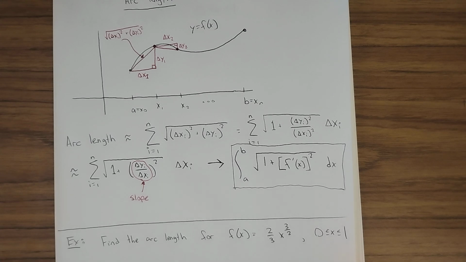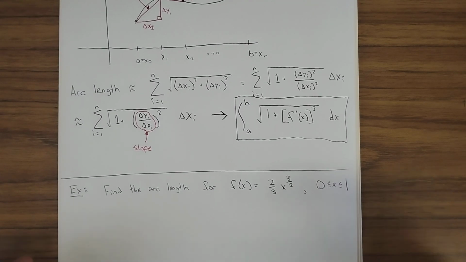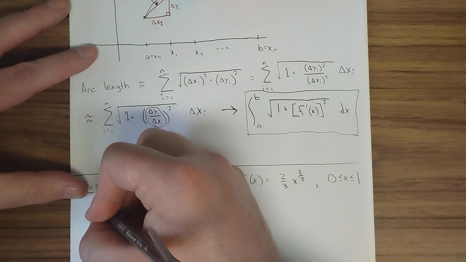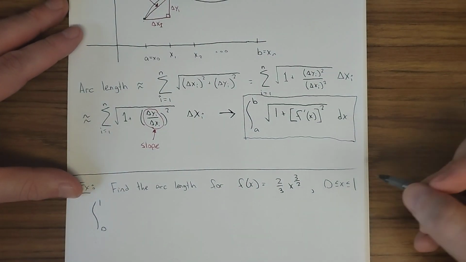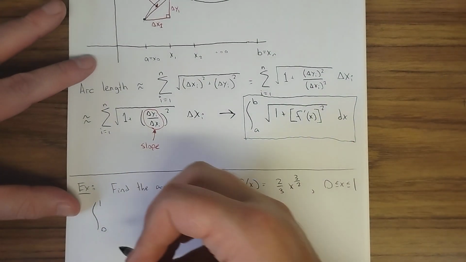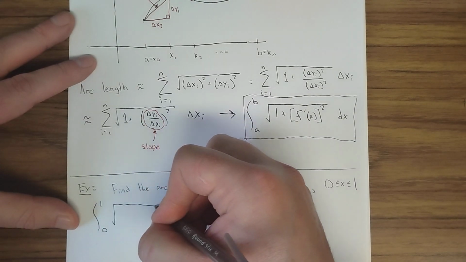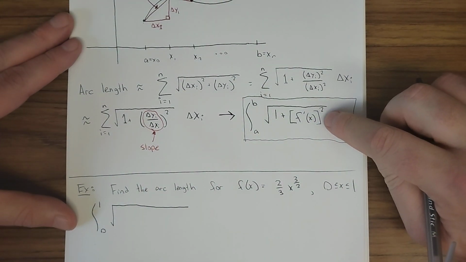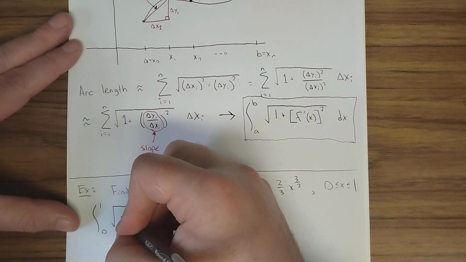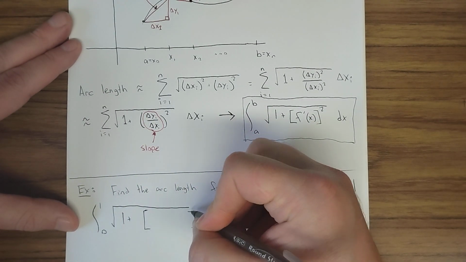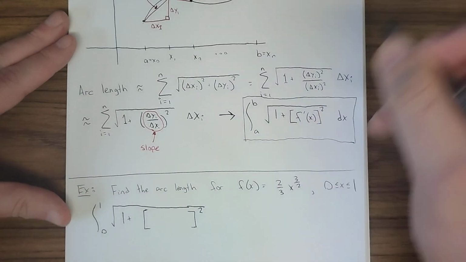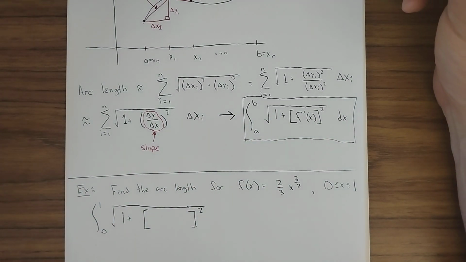Okay, let's use it for something. Let's find the arc length of some particular function over some interval. Set it up. Integrate from 0 to 1. Using this formula, so I've got a big square root of 1 plus, and I'm going to fill in this blank with the derivative.